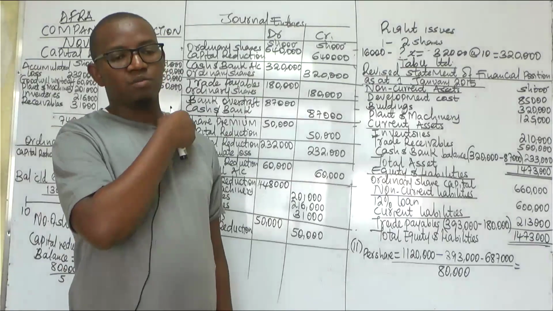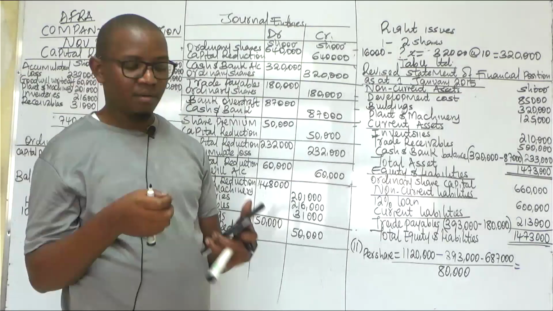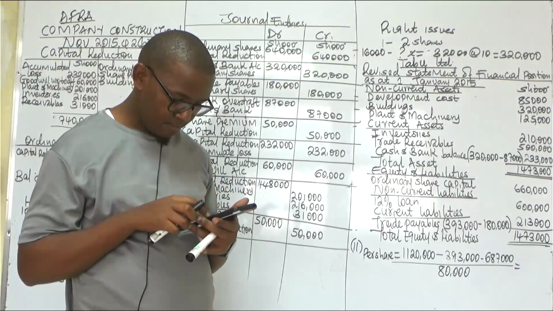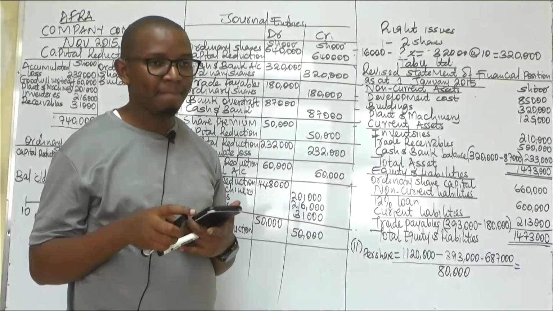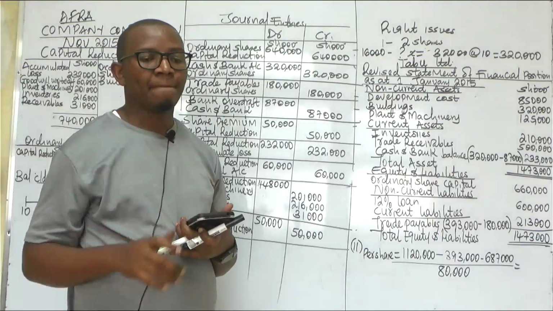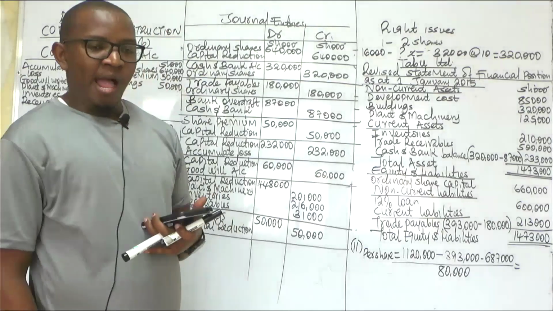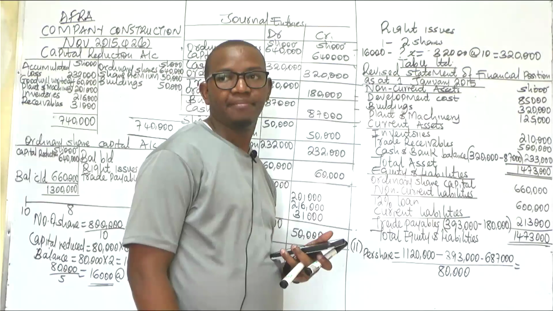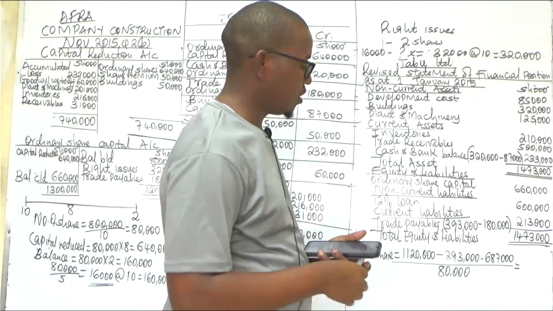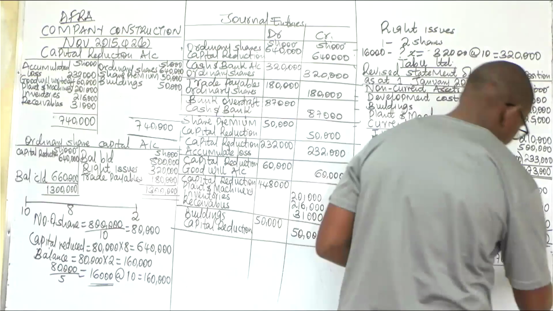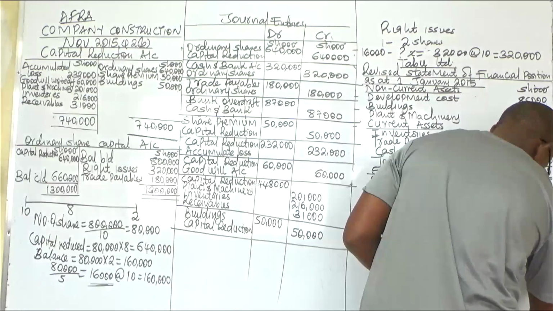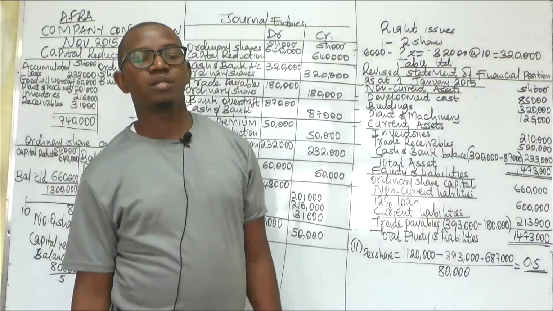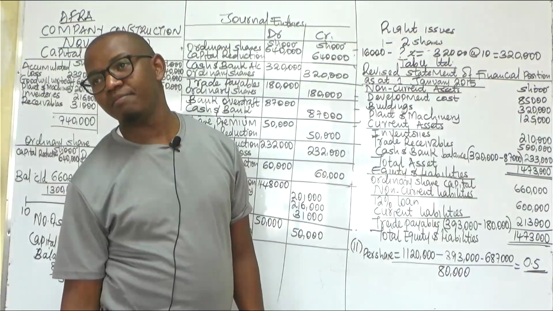Kila mmoja tujue atapata ngapi per share. This is 0.5. Ndio. Hiyo ndo itakuwa the equivalent amount. Per share watakuwa na 0.5.